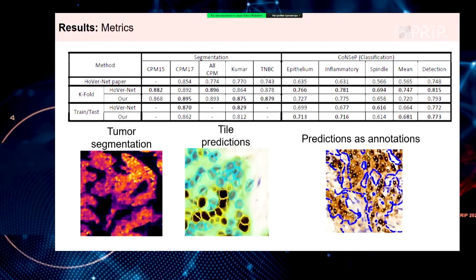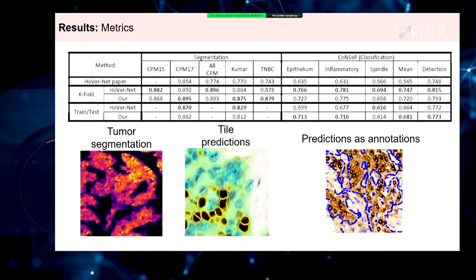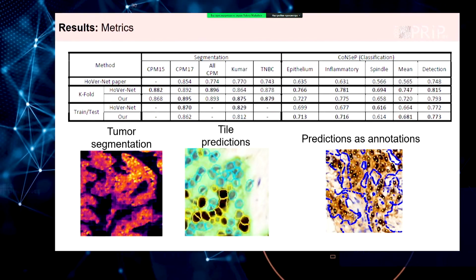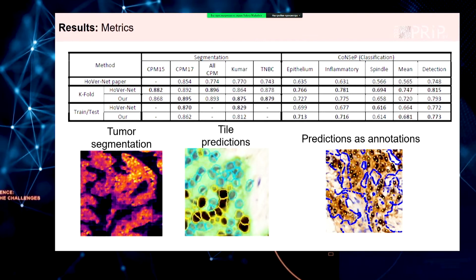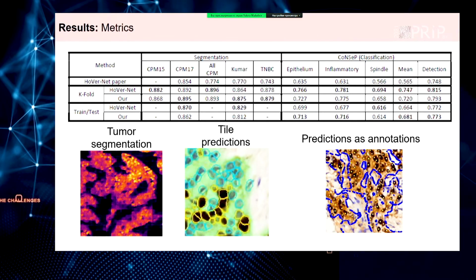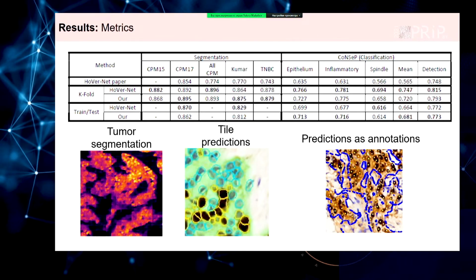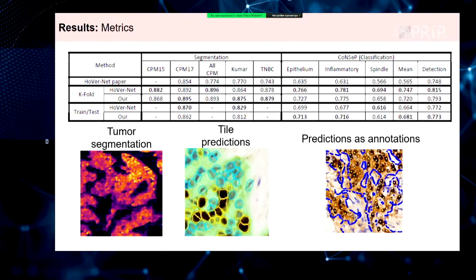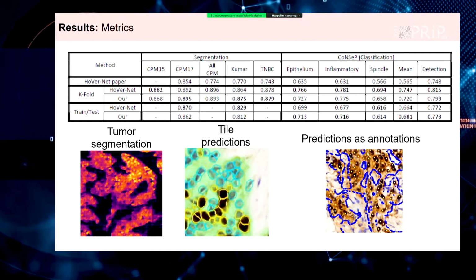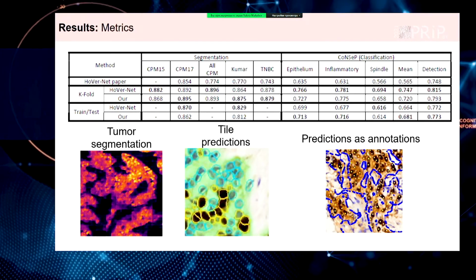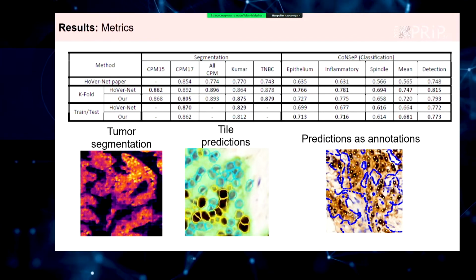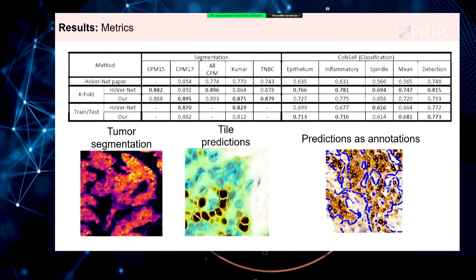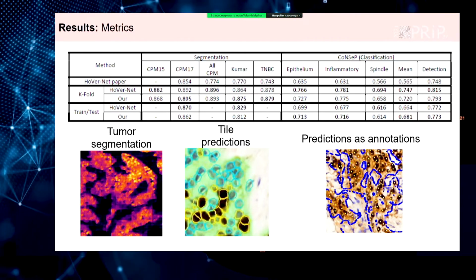So, some examples of how it looks. We tried to add tumor segmentation to our model, and you can see the combination of different tiles. Here is how the tile predictions look. Also, the model works quite well to separate closely located nuclei.